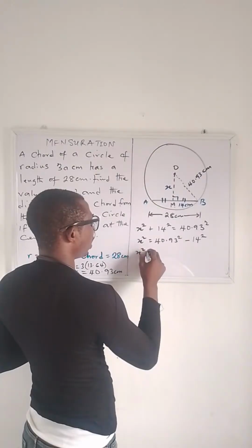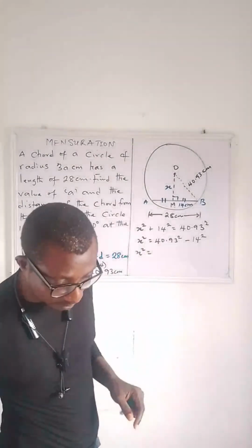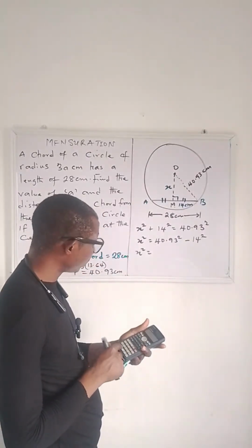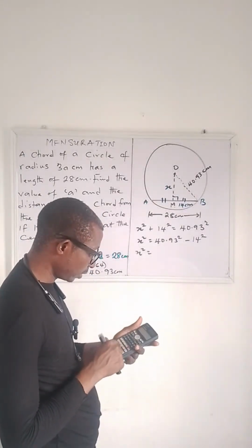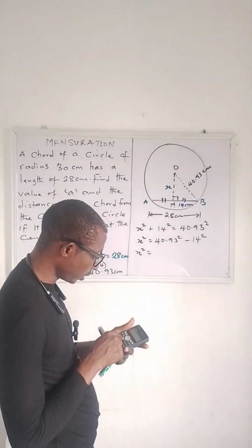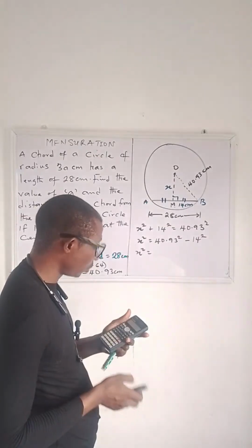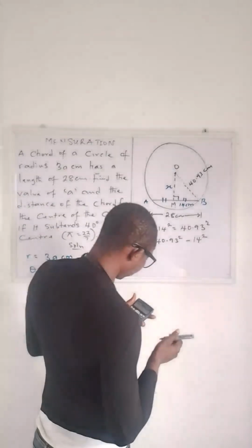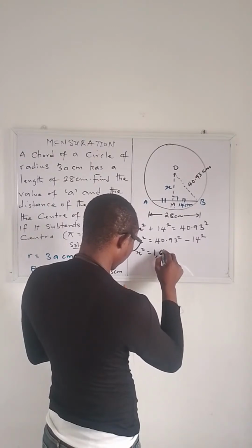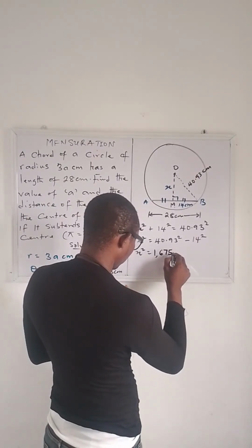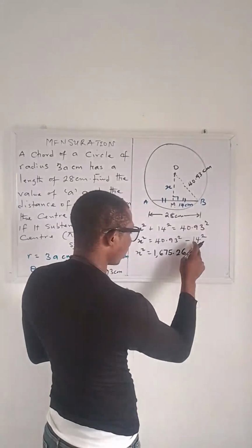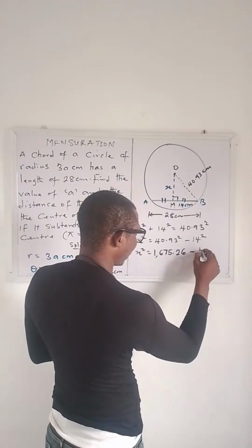Okay, so x squared equals, can we square that, we have 40.93. When you square that, what do you have? Okay, so you have 1675.26 minus, when you square 14, you have 196.